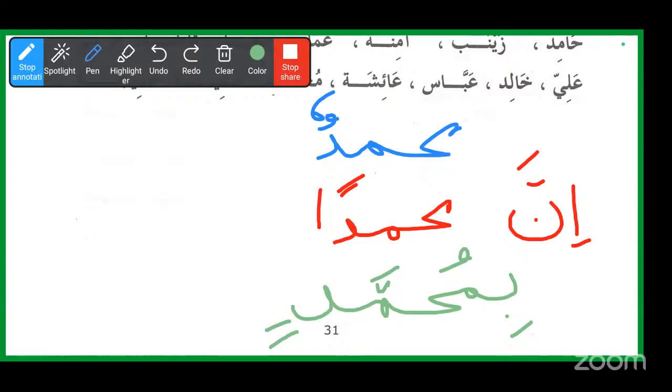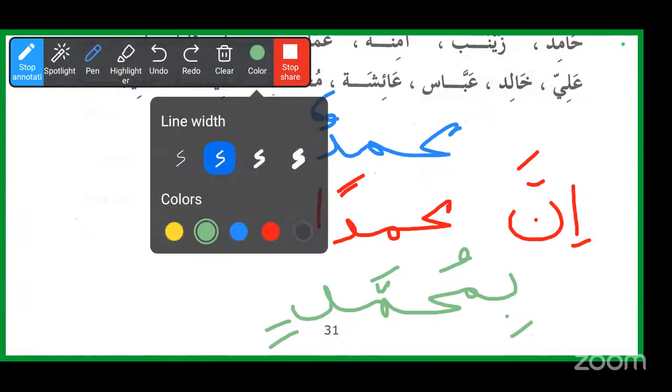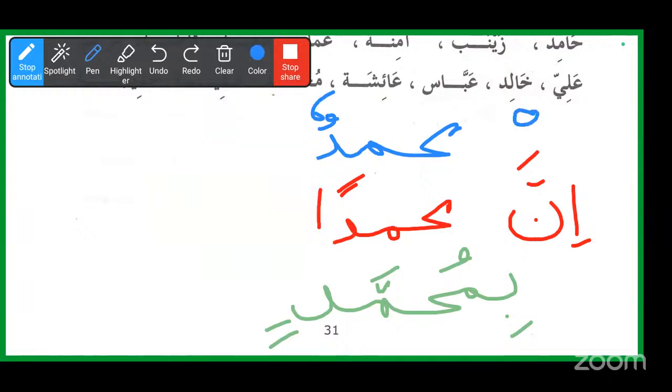So these are the three very basic sentences: huwa Muhammadun, inna Muhammadan, li Muhammadin, or bi Muhammadin, or ala Muhammadin, right?